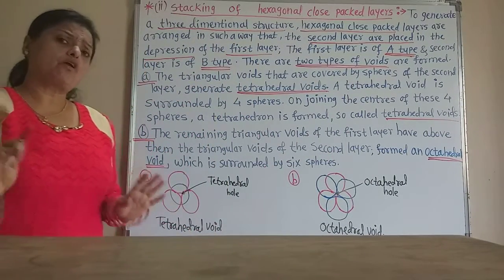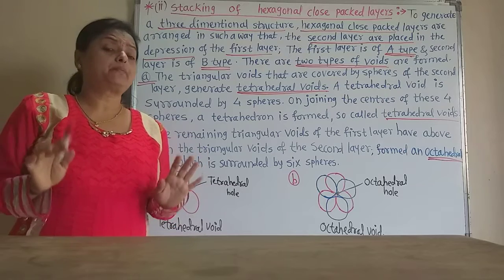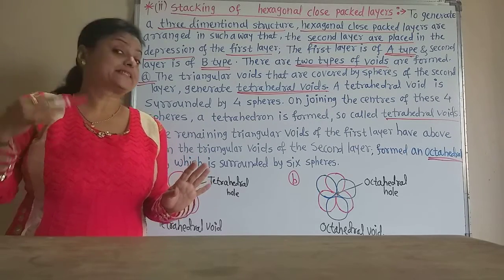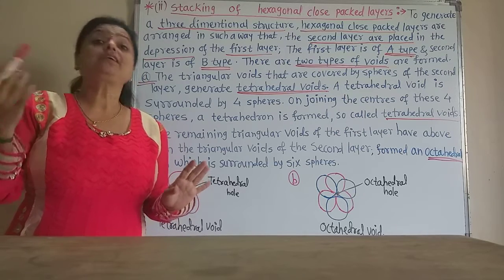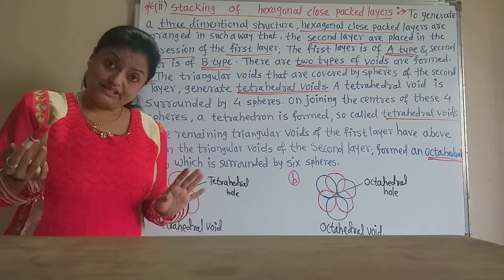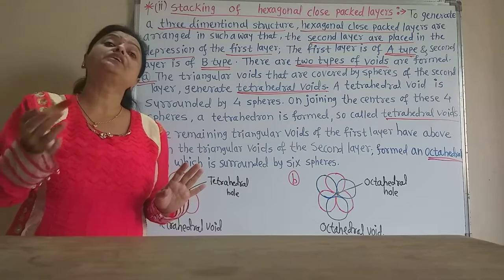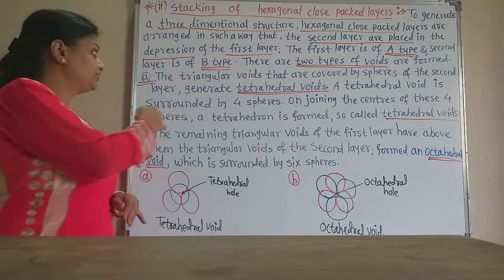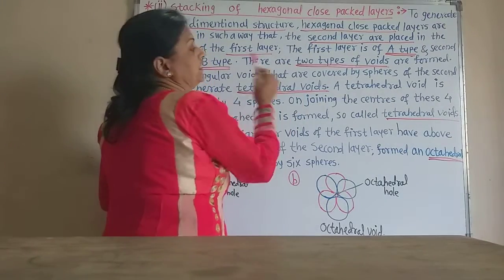All triangular voids in the hexagonal close packed two-dimensional structure are not covered by the spheres of the second layer. So the triangular voids which are covered by the spheres of the second layer generate tetrahedral voids.